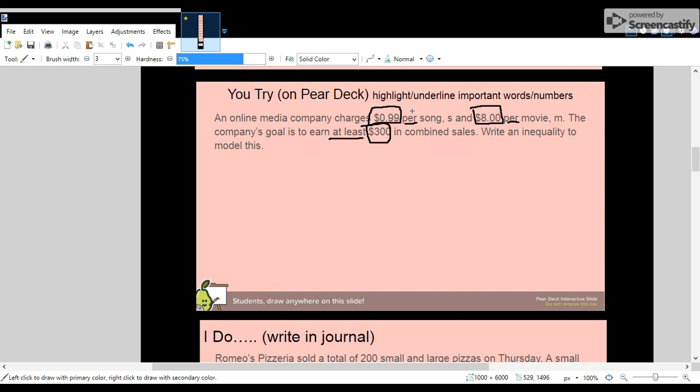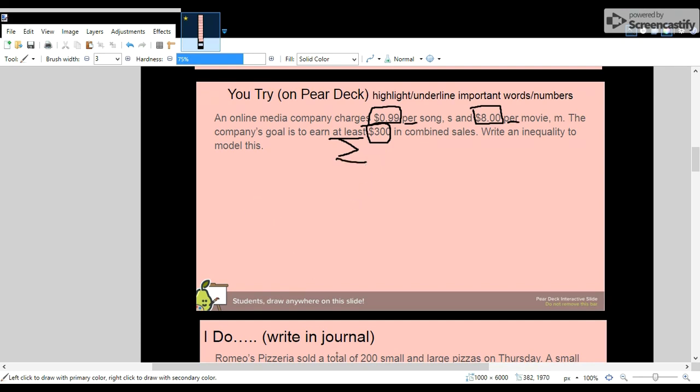When it says per, that means that we are going to have 99 cents next to the S. So 99 cents times S, M times $8. At least means greater than or equal to.